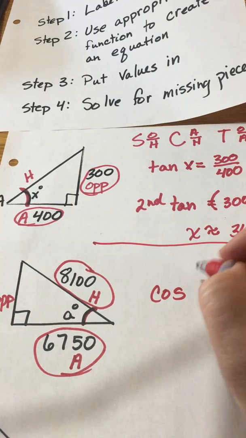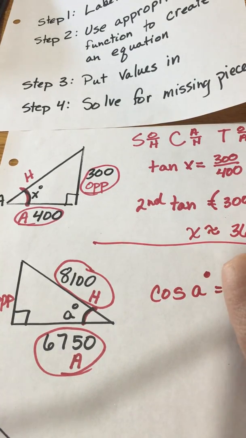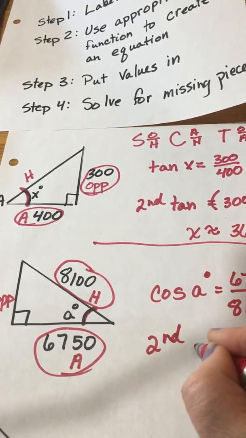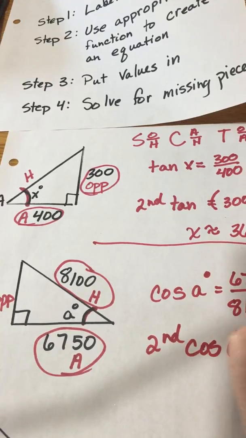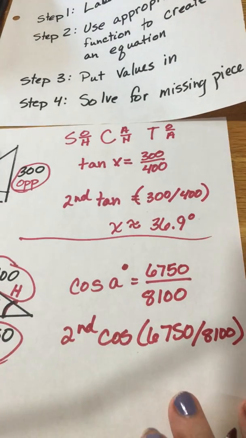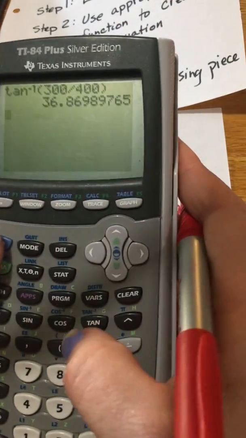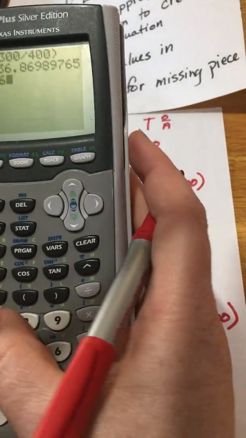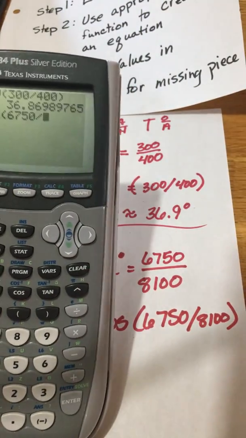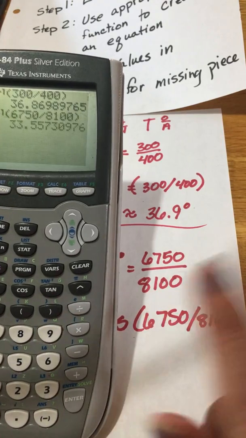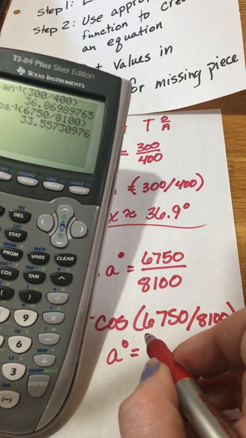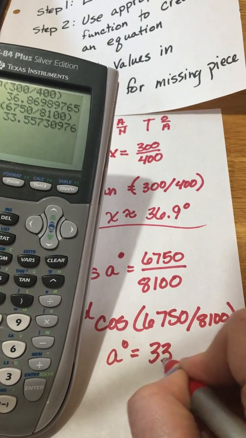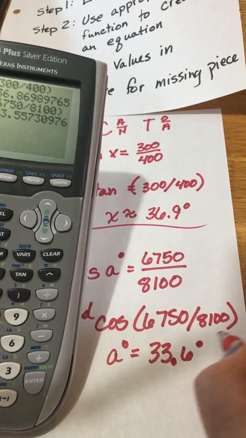So cosine of A degrees is equal to A over H. A is 6750, H is 8100. I hit second cosine, 6750 divided by 8100, close my parentheses. This one, A, is about 33.6 degrees.